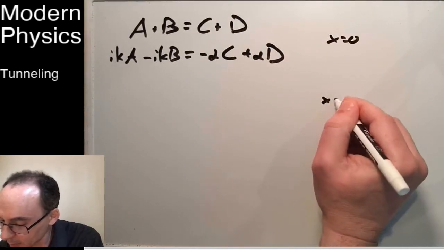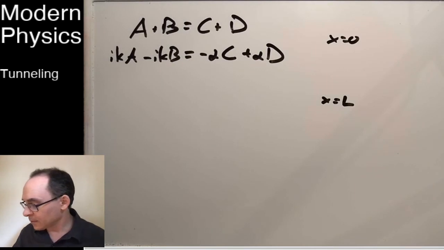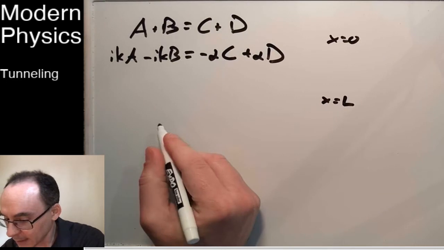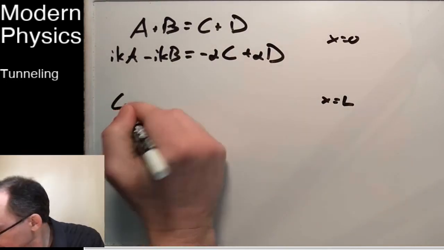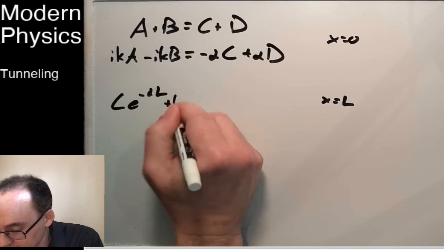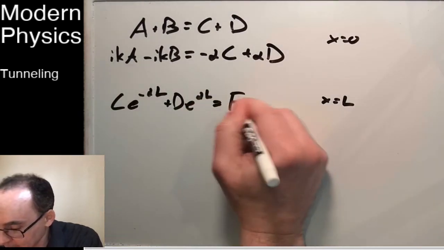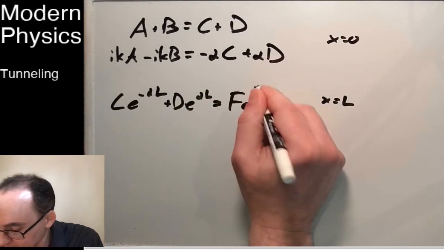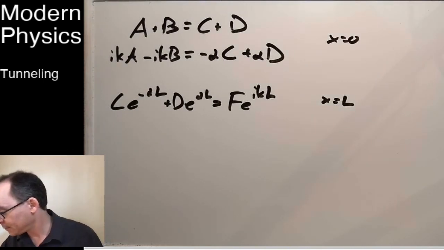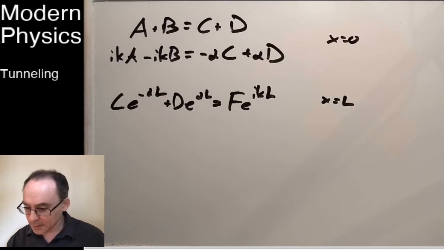Now we also want to match up the boundary at x equals L. This is just going to involve a bit more writing. Here we'll have C e to the minus alpha L plus D e to the alpha L equals F e to the ikL.